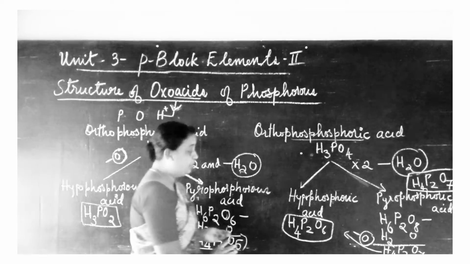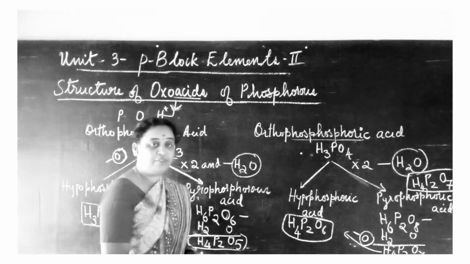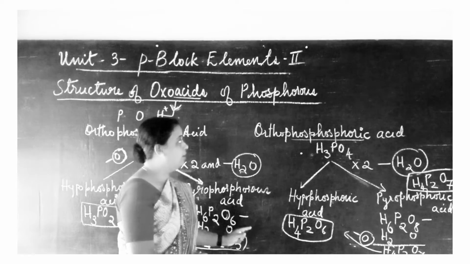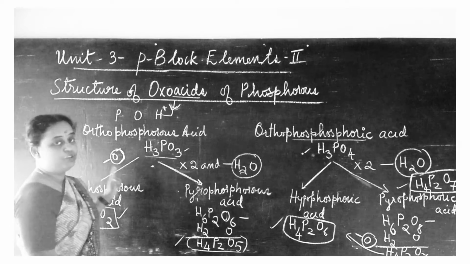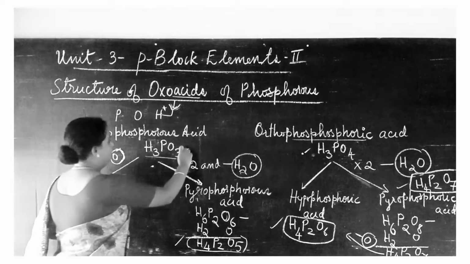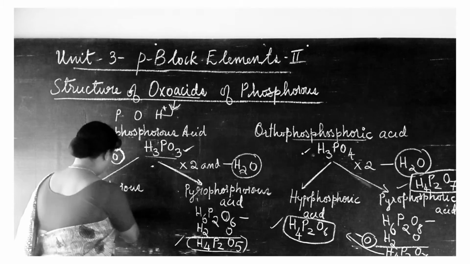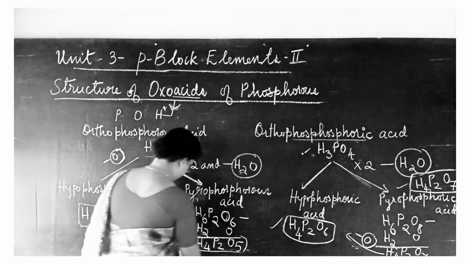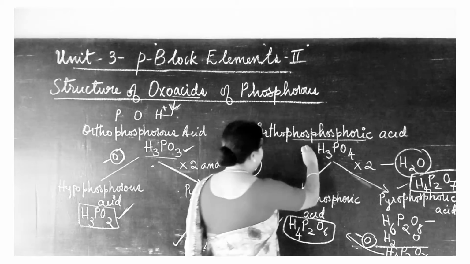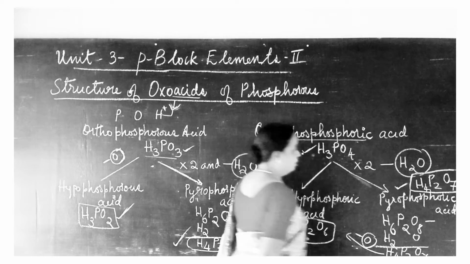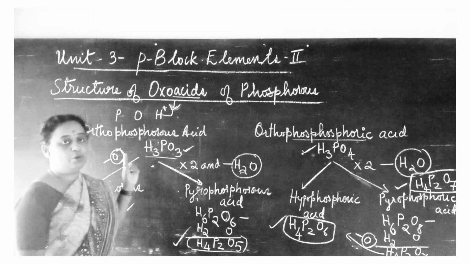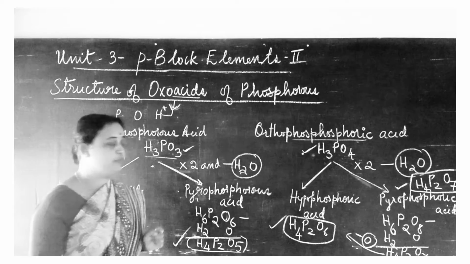Now, I hope you understood how to deduce the formulas for these oxoacids of phosphorus. How many oxoacids of phosphorus formulas did we study? 1, 2, 3, 4, 5, 6. So 6 oxoacids of phosphorus formulas we studied.